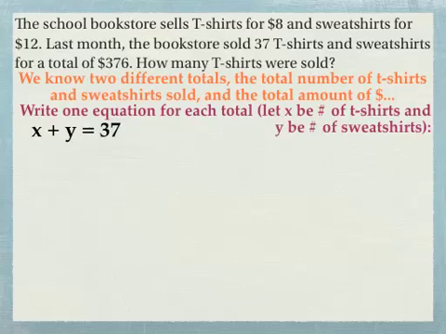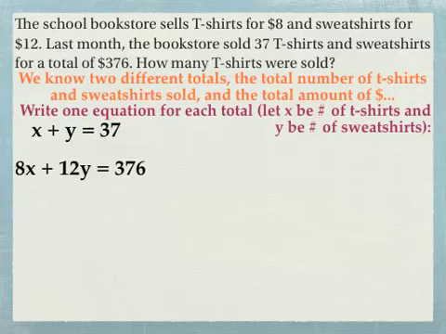However many t-shirts they sold plus however many sweatshirts they sold equals 37, because it tells us they sold 37 t-shirts and sweatshirts. The second equation that I can write is I can say that it's $8 for a t-shirt, $12 for a sweatshirt, and I know that they sold $376 worth. So I can say 8x plus 12y equals 376.